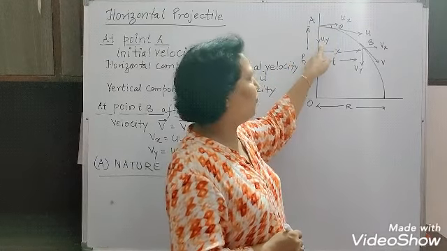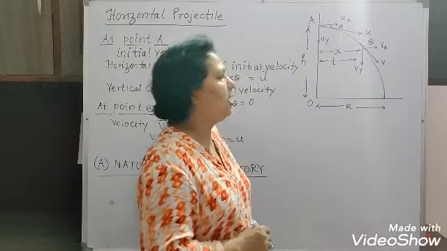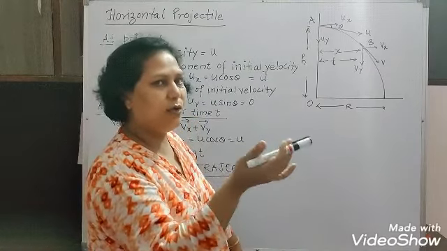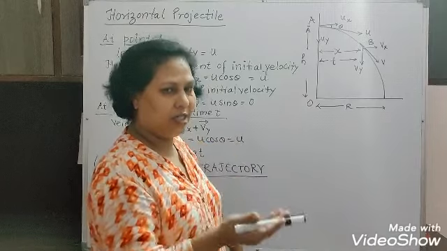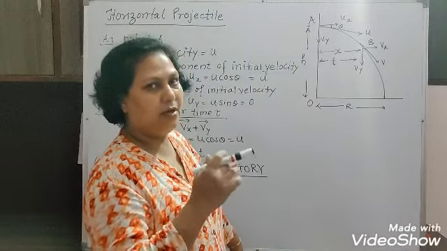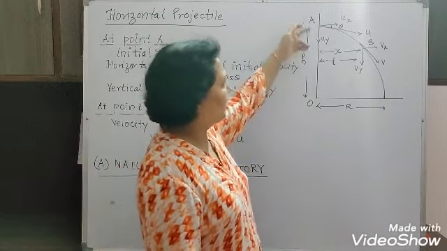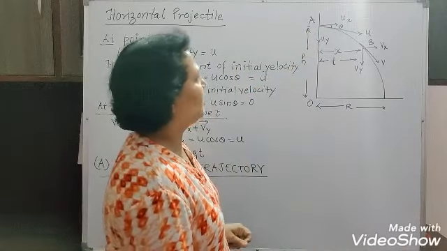And be careful while taking the angle. Whenever you take the angle, the component on the side of the angle you have taken will be the cos theta component, and the other side, that means the vertical one, will come as u sin theta.